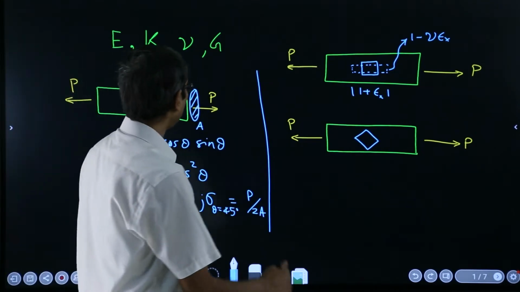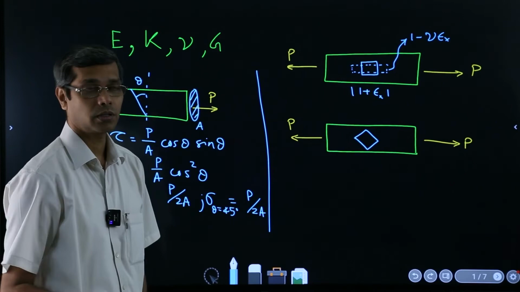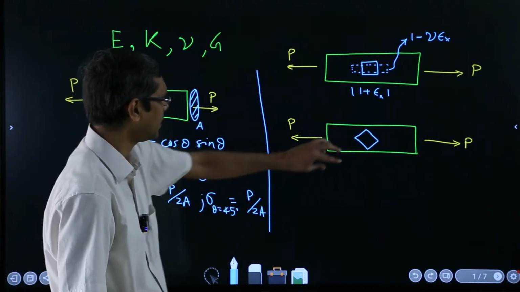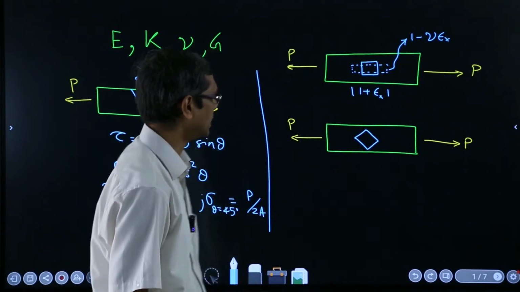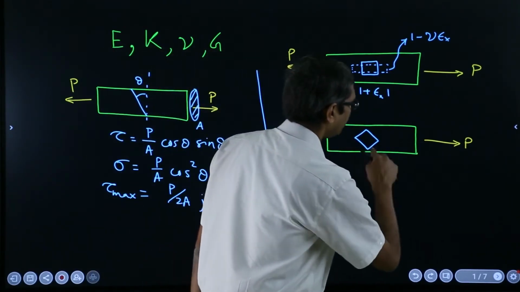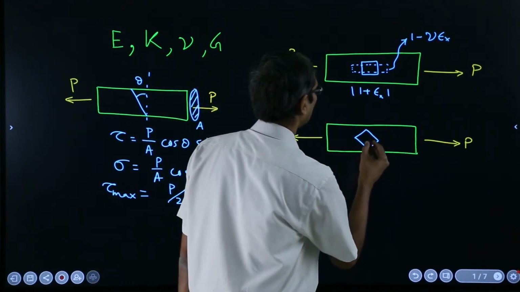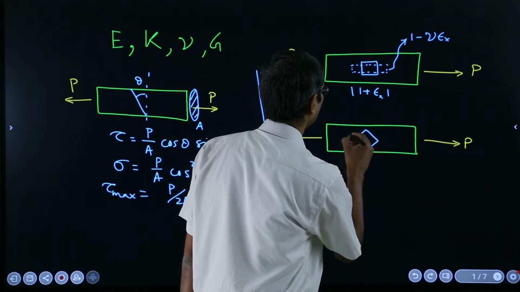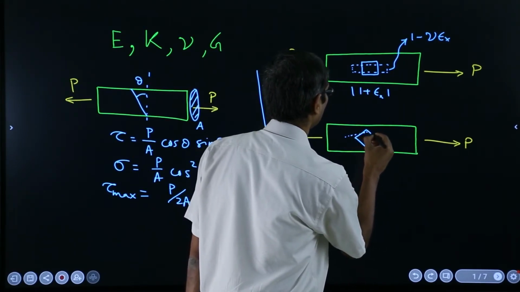Anyways, for this reason that maximum shear stress is happening at 45 degree, we have tilted this cube by 45 degree, fine. Now, if we apply this load P, what will happen? So, this one will now be elongated in this way, right.